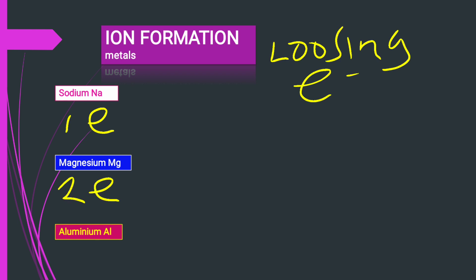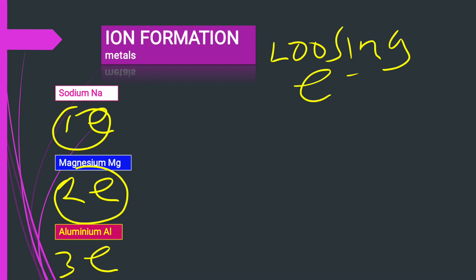And aluminium will form an ion by losing 3 electrons. Note that this 1 electron is the electron in the outermost energy level. These 2 electrons are the ones in the outermost energy level, and these 3 electrons are the electrons at the outermost energy level of aluminium, magnesium, and sodium, respectively.